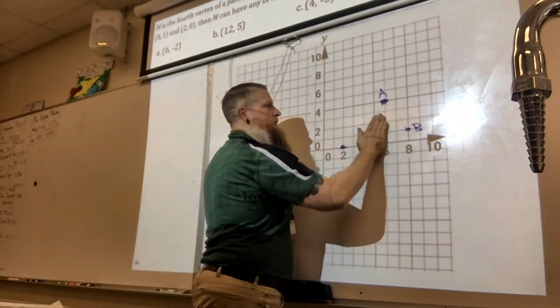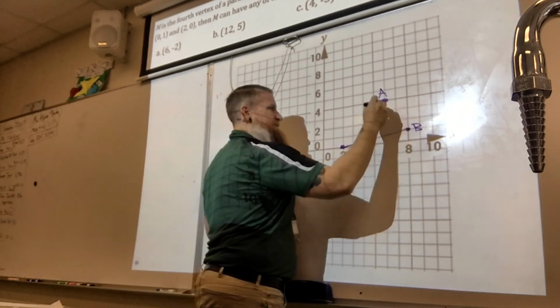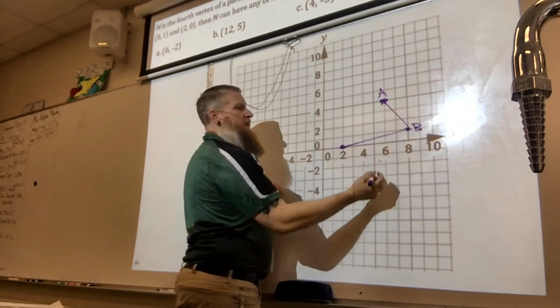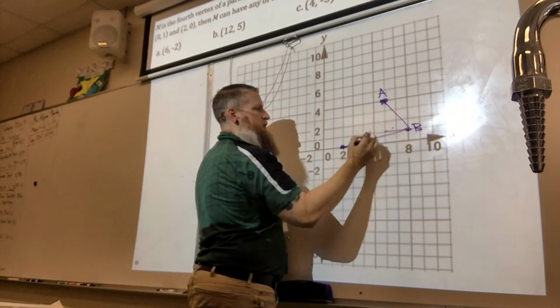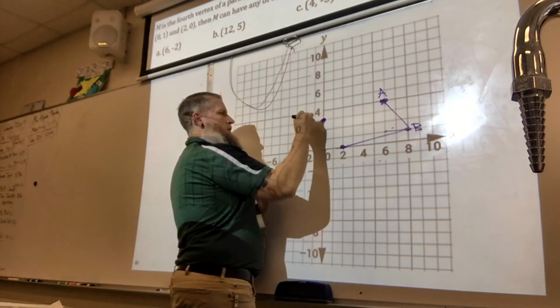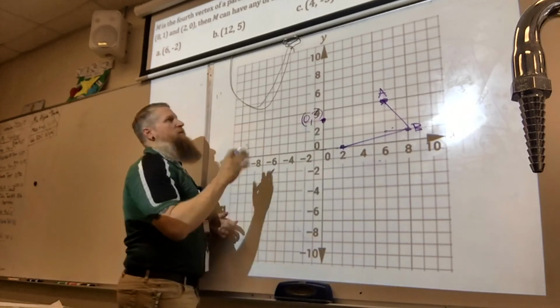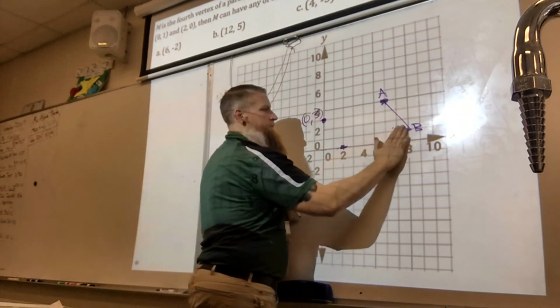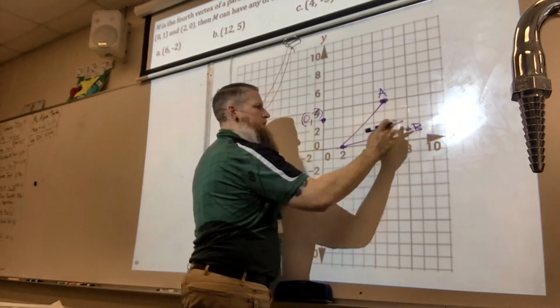Now, 0, 3. Again, I'm going to go through the whole process. If I go from B to A, that's over 2 and up 3. So if I go over 2 and up 3, 0, 3, that would also create a parallelogram. So if that's up there, cross that off. And then my other option would be here.